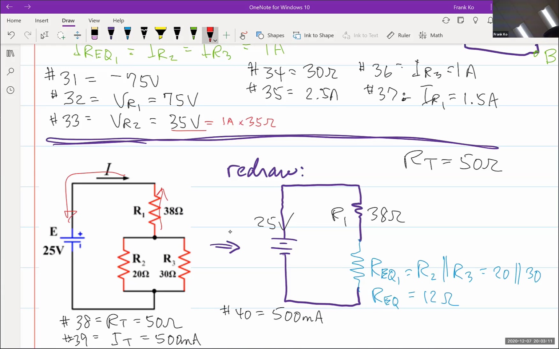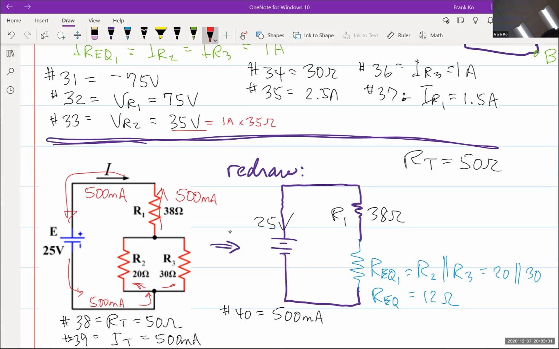So you have 500 milliamps here, and 500 milliamps coming back to the source, 500 milliamps leaving the source, and you're going to need to determine how this current splits between R2 and R3 branches. We'll figure that out in a moment.